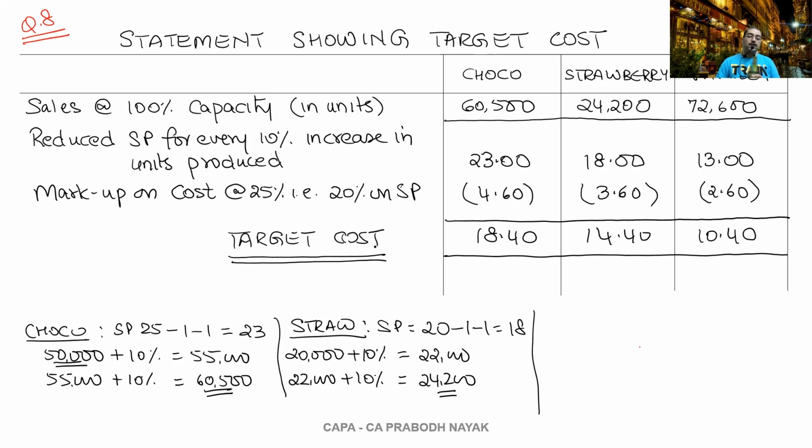So that is the first part of the question. You can write here: first part was target costing. Second method is traditional costing. Are you finished with this?